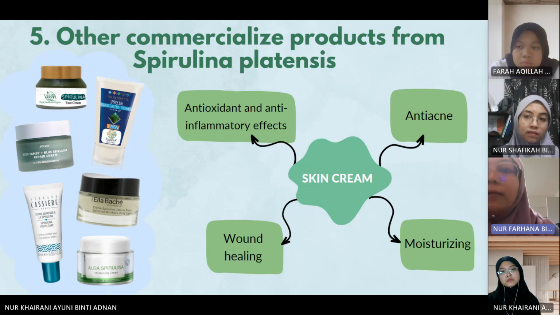Okay, to conclude, Spirulina platensis is not only applied in ice cream and skincare, it is also widely used as a feed supplement in the aquarium, aquaculture, and poultry industry. It is because it minimizes pollution, and spirulina produces 20 times more protein per acre than other commonly grown crops such as corn and even soybeans while using 10 times less water. And that's all from us. Thank you.